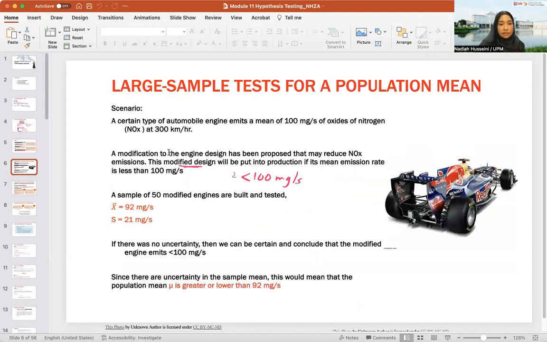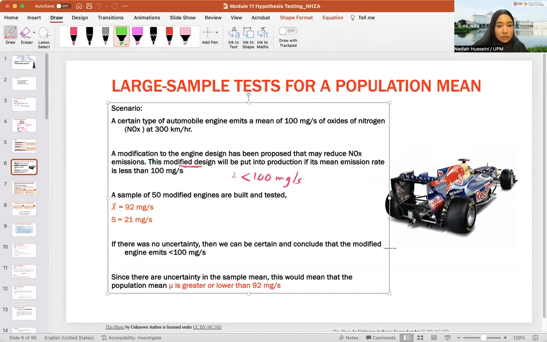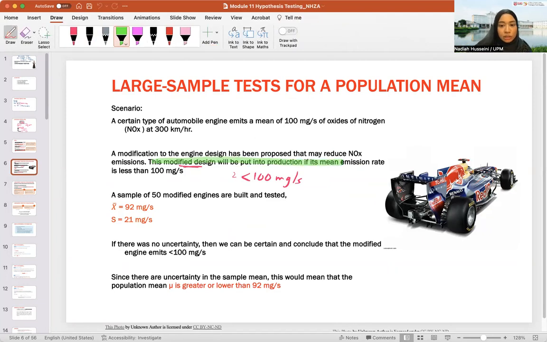Okay, so I have an example over here. We also talked about this one as well. We have a sample of 50 modified engines. What we are trying to test here is that this modified design will be put into production if its mean emission rate is less than 100 milligram per second.